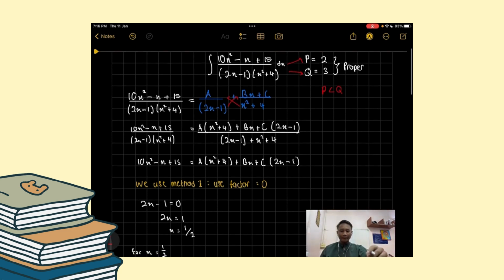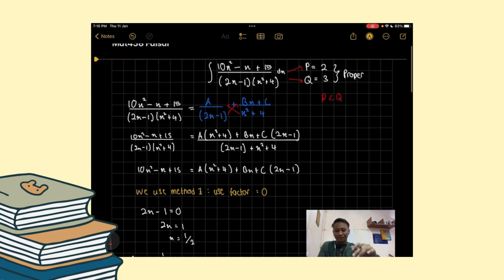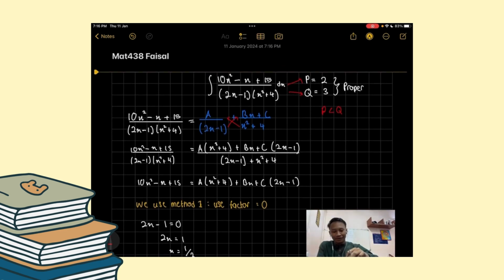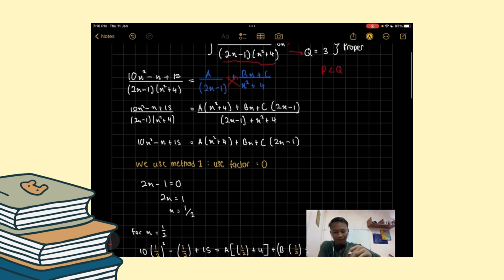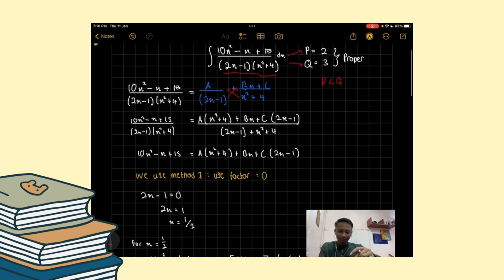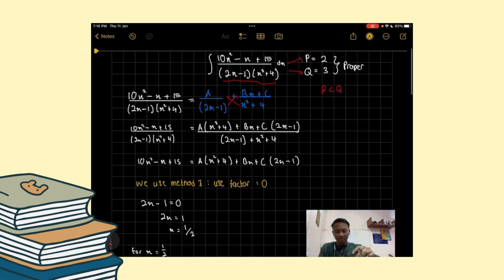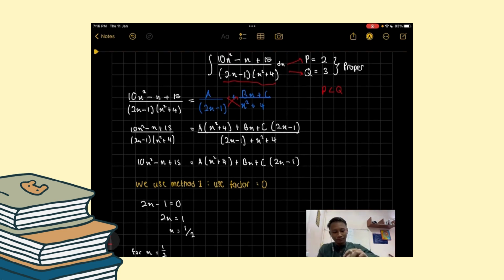After we determine whether it is proper or not, we can see this question is quadratic, from the lecture that I have studied. If the question is quadratic, we can use A over 2x minus 1 plus bx plus c over x squared plus 4.